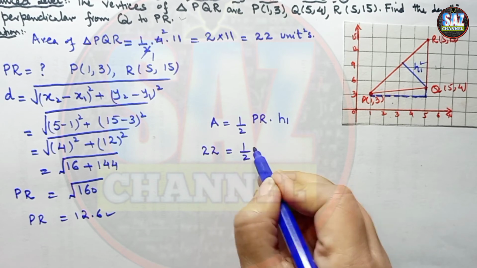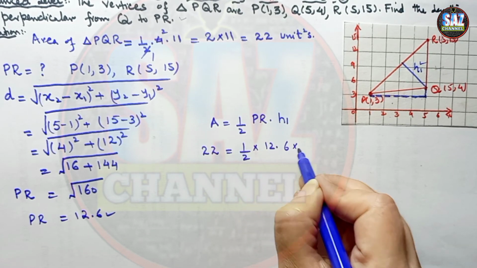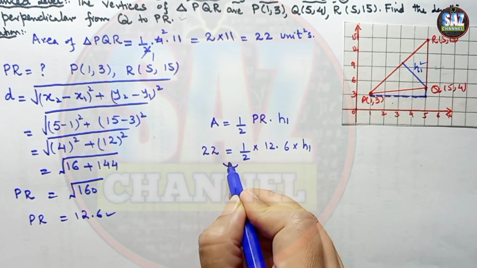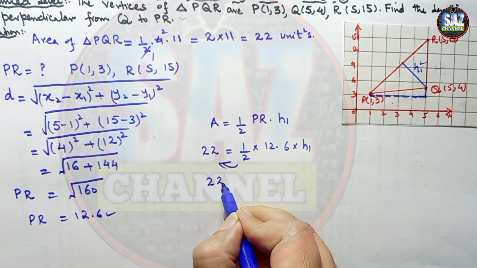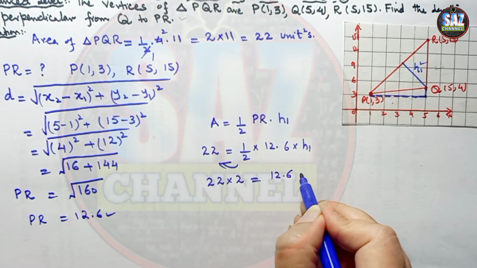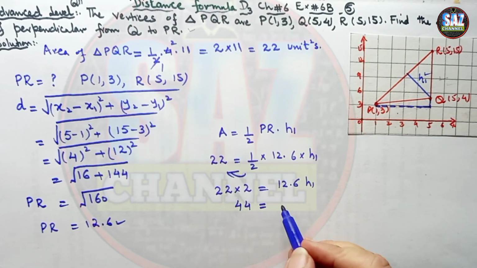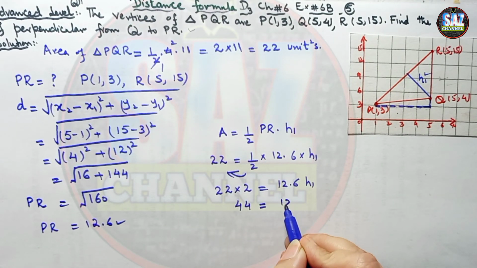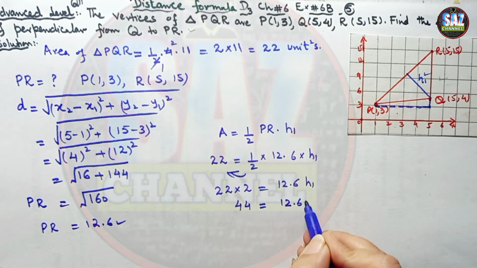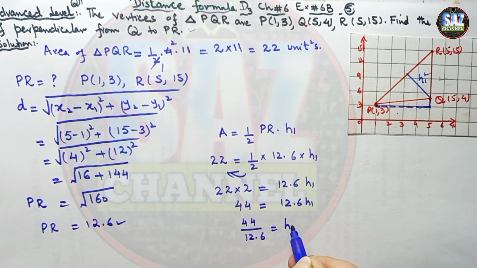Half into PR, we just have calculated 12.6, multiplied by H1. Now what I have to do, I have to take 2 towards 22, so 44 equals 12.6 H1, or 44 upon 12.6 equals H1.